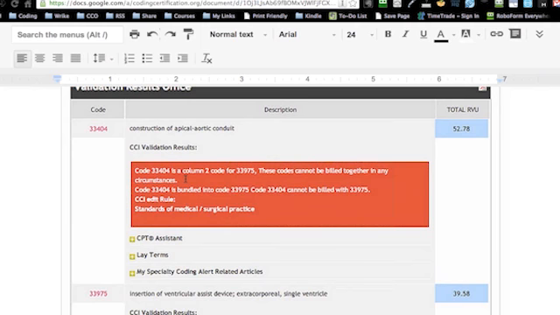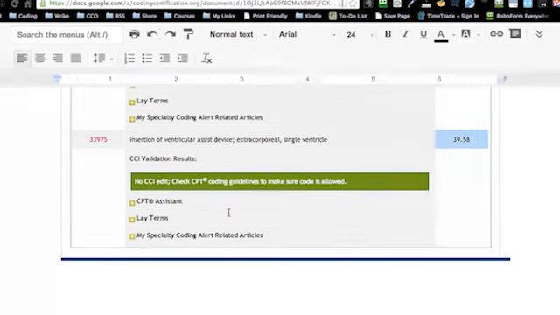You can't bill the two of them together, period, the end. If there's a 1, then that means you can, under certain circumstances, if your documentation proves or warrants, go ahead and bill both. Normally that modifier is modifier 59. So in this case, it is considered bundled.